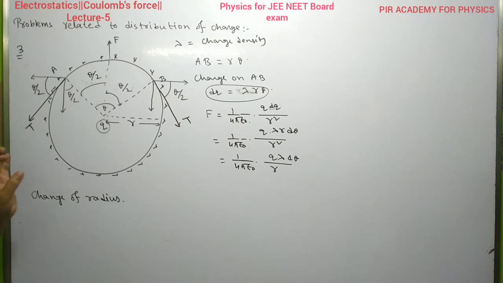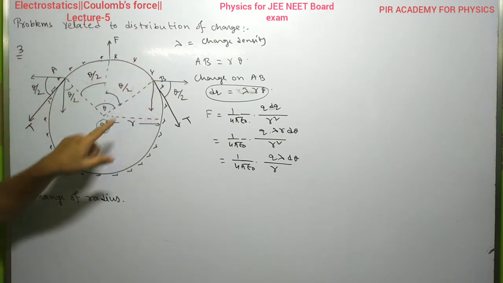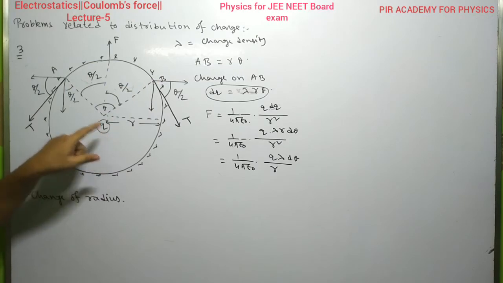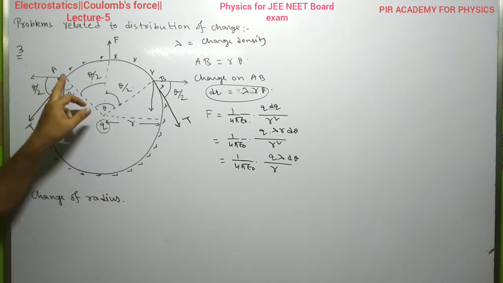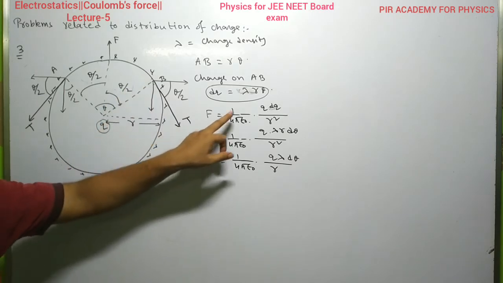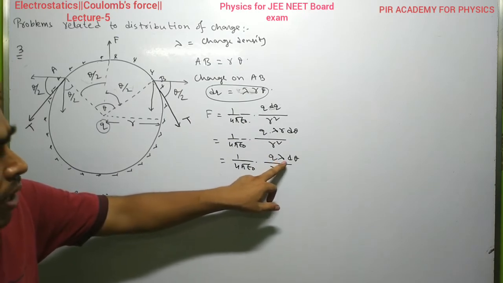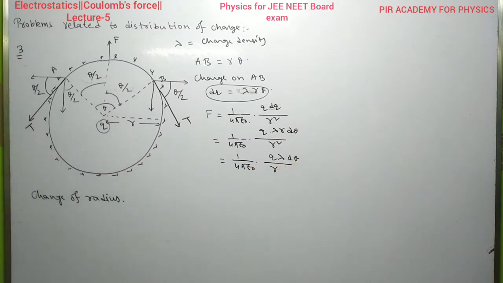First I have to deduce the force on this portion due to this charge. So the force on this AB portion due to this charge is given by 1 by 4 pi epsilon naught into q lambda d theta by r.